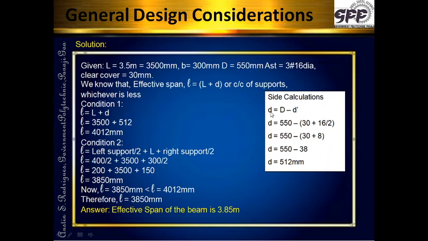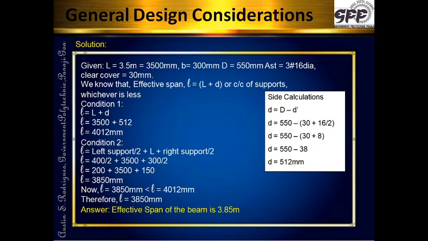I know my effective depth from the previous part. The formula is small d equal to capital D, the overall depth, minus the effective cover. Effective depth equals 550 minus the effective cover. We have seen in the previous example that effective cover is the clear cover plus half the reinforcement diameter.